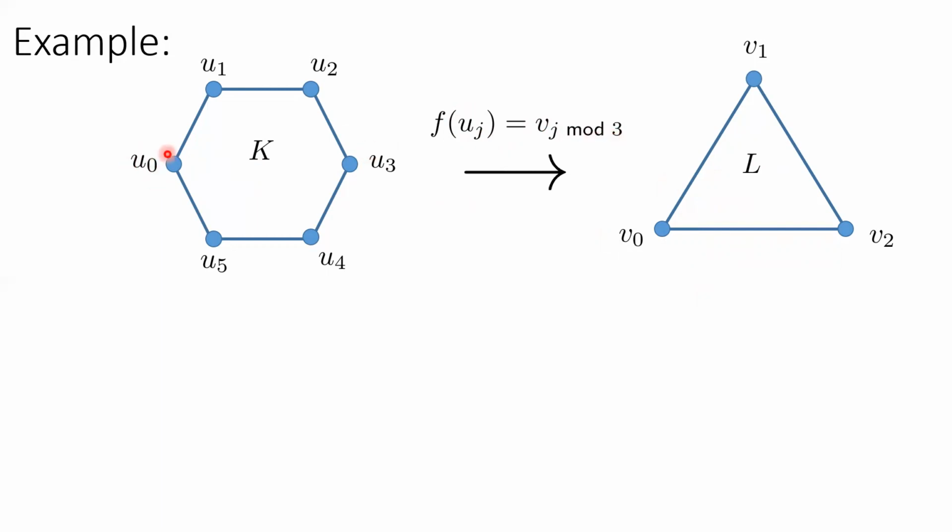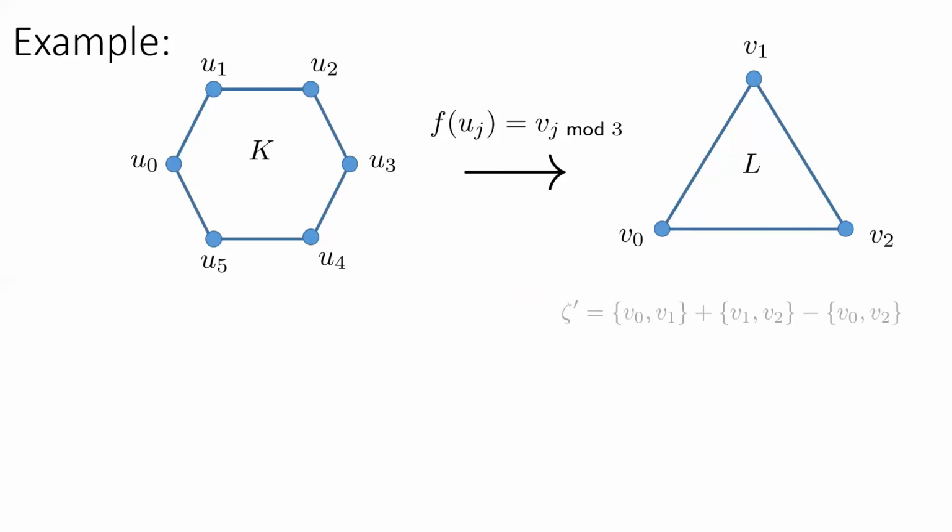It means that U0 goes to V0, right? 0 mod 3 is 0. 1 goes to V1 because 1 mod 3 is 1. 2 goes to V2, and then 3 goes to V0 again, because 3 mod 3 is 0. 4 goes to V1, 5 goes to V2, and then U0 again goes to V0, as we have said before. In other words, the simplicial map F is taking this hexagon and wrapping it around this triangle 2 times. Okay, so that's what it is doing.